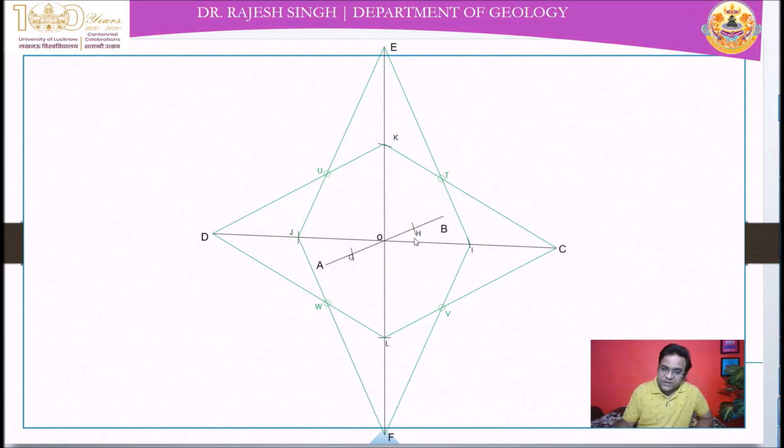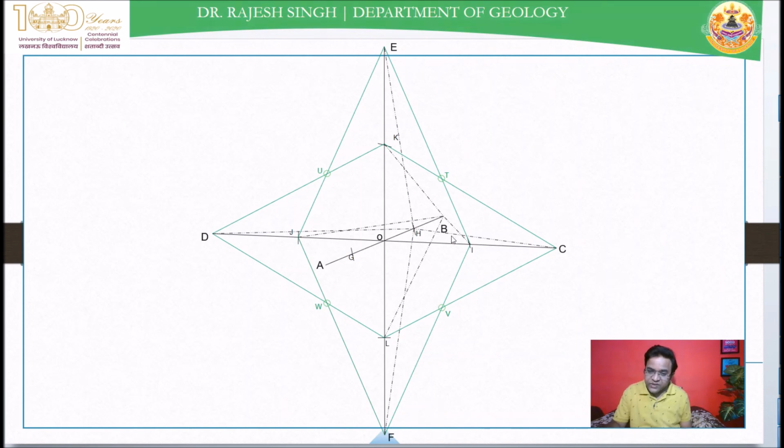Now start joining from the midpoint of the negative end of the A1 to the A2 and A3 axis endpoints, midpoints and endpoints both. So we get again 4 intersection points, 1, 2, 3 and 4.